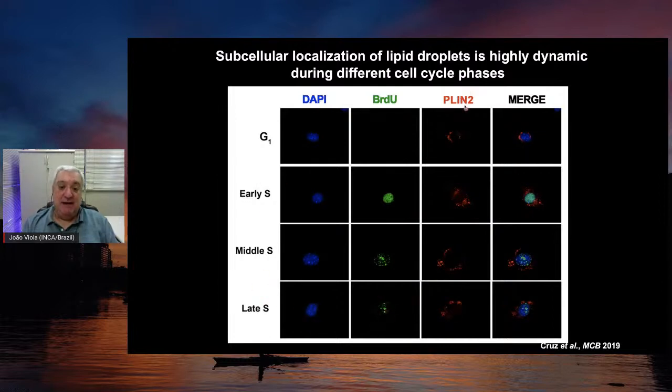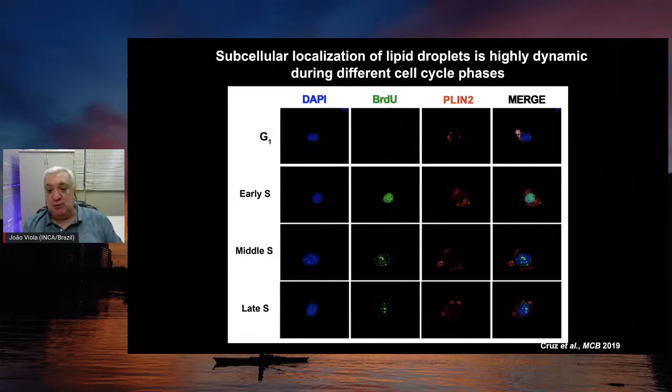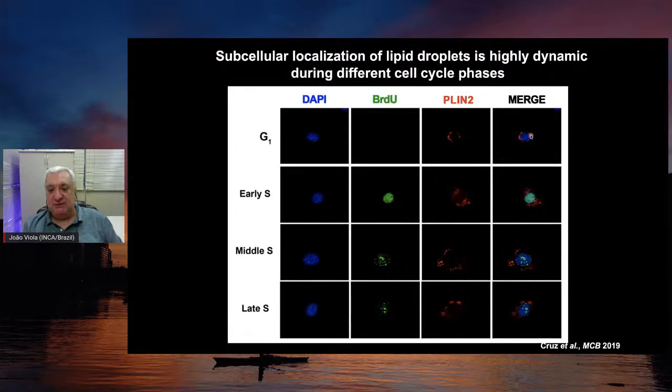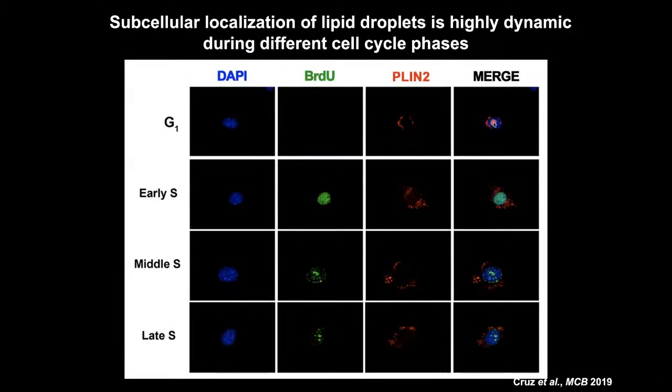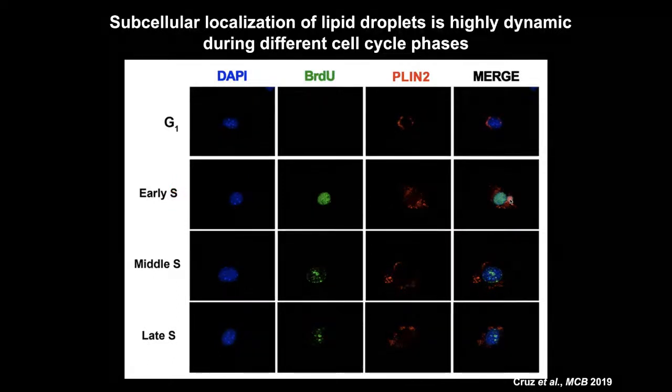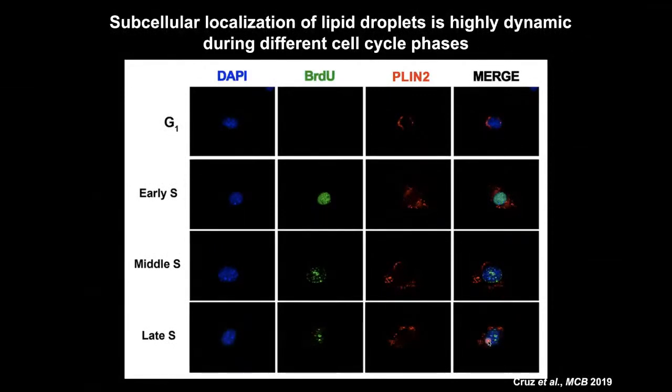By labeling lipid droplets, we see in G1 a very close relation of the lipid droplets with the nucleus. And then when the cells enter S phase, we see an increased number of lipid droplets dispersed in the cytoplasm.